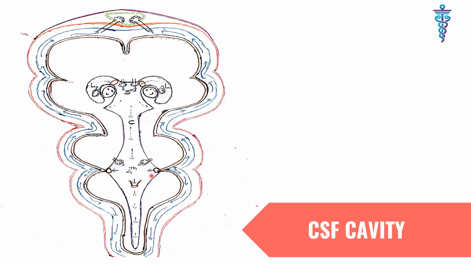The first is the two foramina of Luschka, which communicate with the cerebellopontine cistern, which helps move CSF between the fourth ventricle and the subarachnoid space. The second one is the one foramen of Magendie, which communicates with the cerebellomedullary cistern posteriorly. Then the fourth ventricle continues as a longitudinal canal called the central canal of the spinal cord.